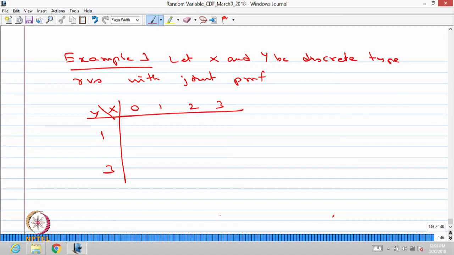Therefore the possible values of y are 1 and 3 and the possible values of x are 0, 1, 2 and 3. And in that problem we got the joint probability mass function, that is 0, 3 by 8, 3 by 8, 0, then 1 by 8, 0, 0 and 1 by 8.